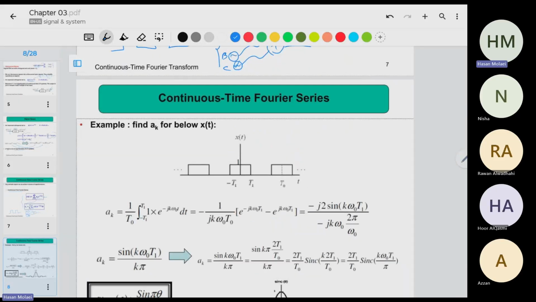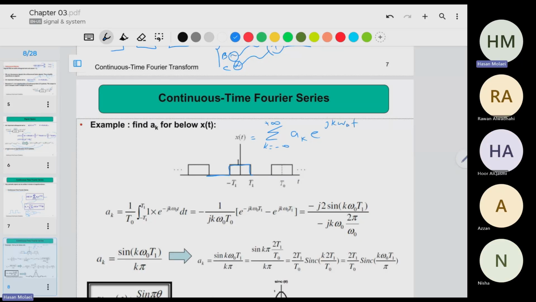I have a periodic signal here, x(t). The value is 1 when t is between minus T1 and T1. I know I can write x(t) equal to the sum from k equals minus infinity to infinity of a_k e to the power of jk omega 0 t.